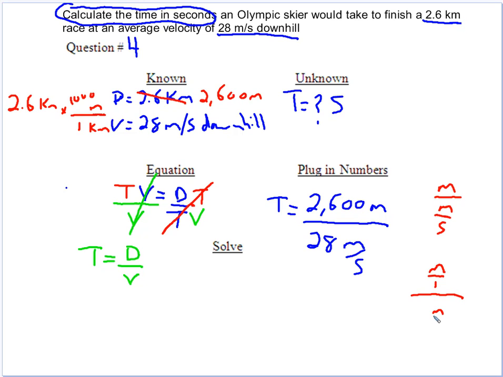So when you have a fraction divided by a fraction, you multiply by the reciprocal, and you end up getting something that looks like this. The reciprocal of meters over seconds is seconds over meters. So that cancels this out. And then our meters cancel, and we're left with seconds for our answer.